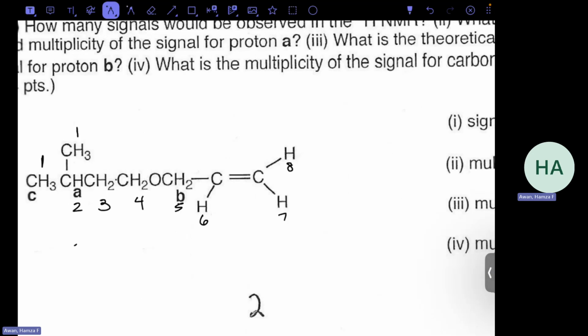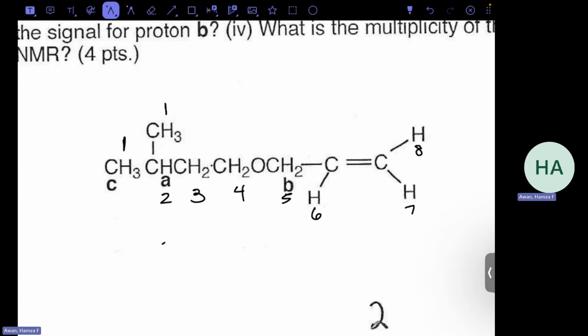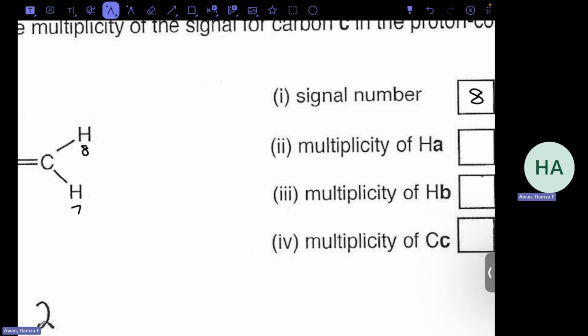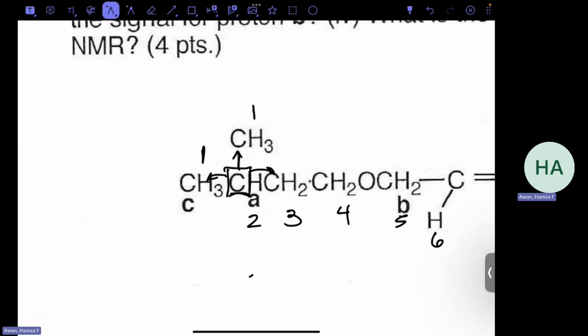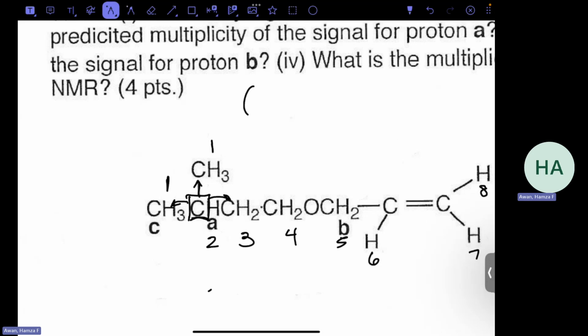Now, on to the multiplicity. Whenever we look at the multiplicity, we're going to look at the carbon that the hydrogen is attached to, right? So multiplicity of HA. We're going to look at this carbon. This carbon is attached to this carbon, and this carbon, and this carbon, right? It's attached to 3 carbons. For every carbon that we have, it's going to be multiplicative between them.